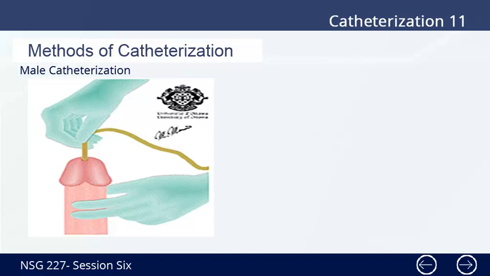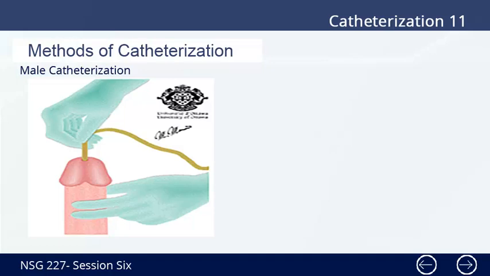Exposes the glands and urethra for effective cleansing. 7. Retract the foreskin in the uncircumcised male client with the thumb and forefinger and spread the meatus open. Cleaning the area around the meatus and under the foreskin helps prevent infection. Moving from the meatus towards the base of the penis prevents bringing organisms to the meatus.